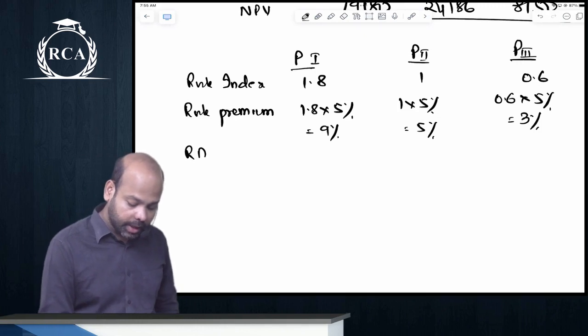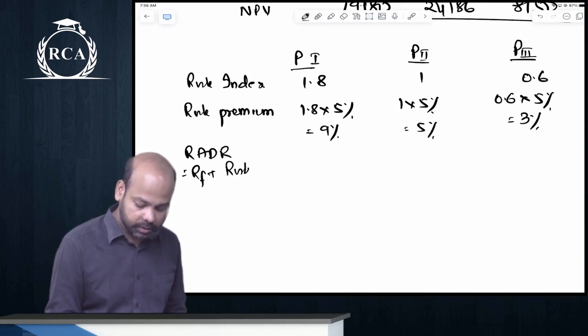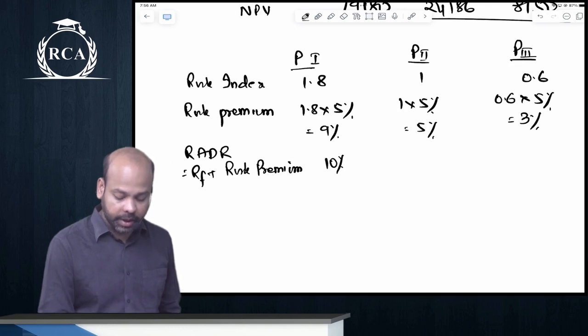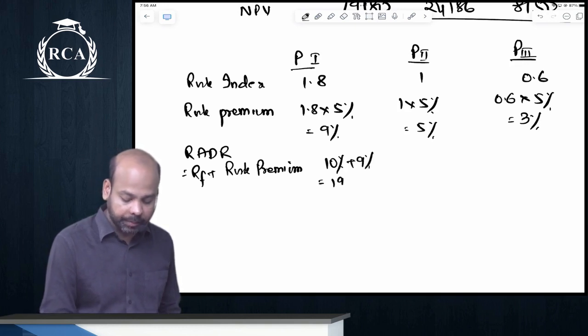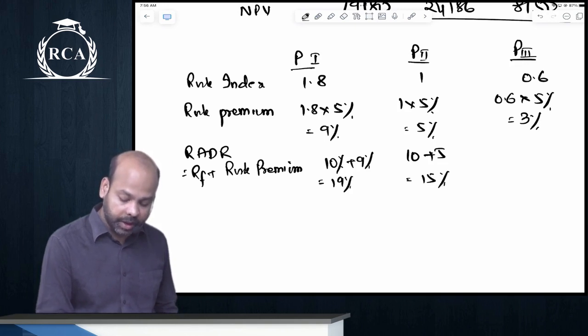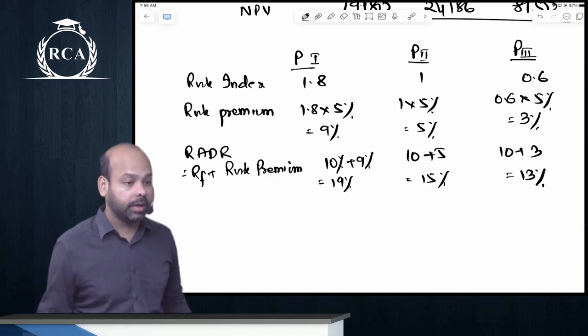What will be your RADR? RADR you will write as risk free rate plus risk premium. What is your risk free rate, guys? 10%. So here you write 10 plus 9, that will be 19%. 10 plus 5, that would be 15%, and 10 plus 3 would be 13%. This is the computation of RADR, guys.